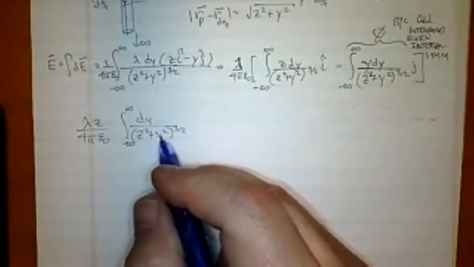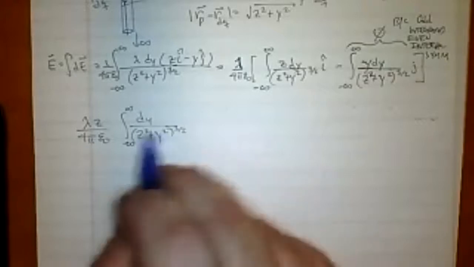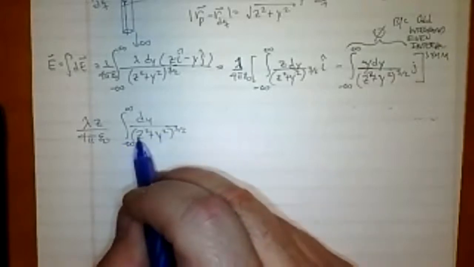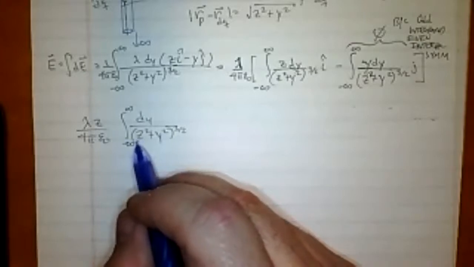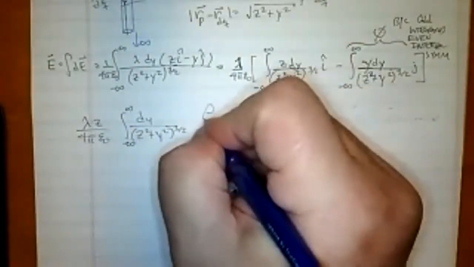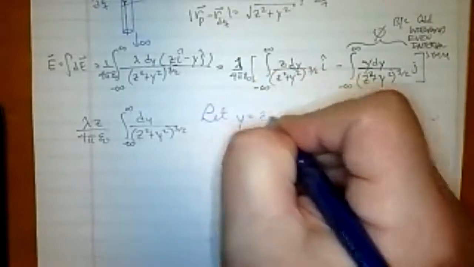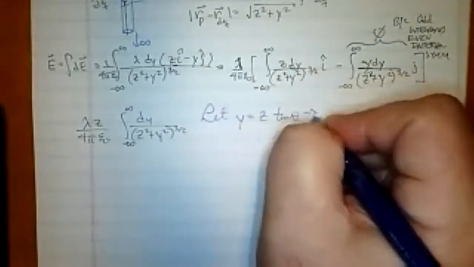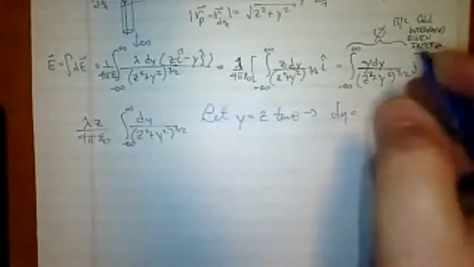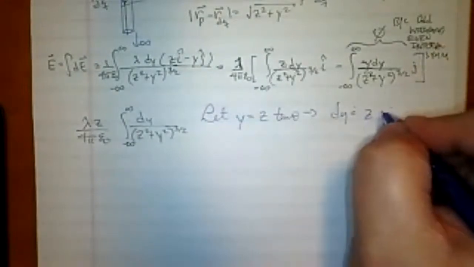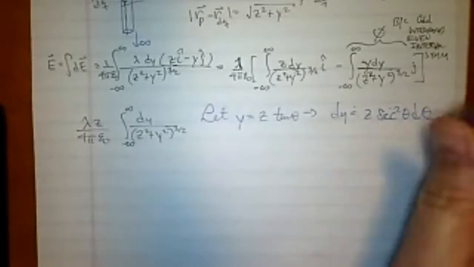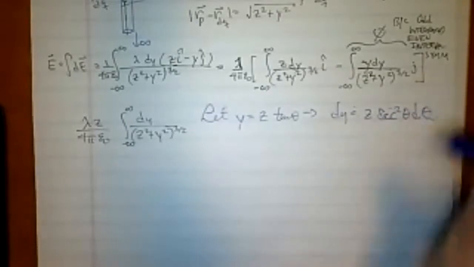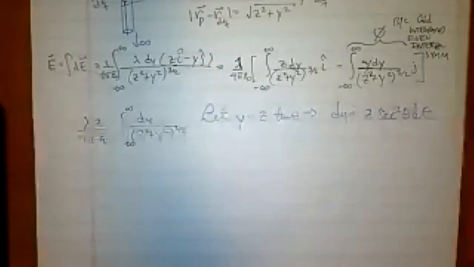What we want to do is exchange this. So basically, we're going to say y equals z tangent theta. That's what it is. Let y equal z tangent theta, then dy is equal to z times secant squared theta d theta. I don't know what happened to my brain just then, but anyways, it's supposedly fixed at this point.